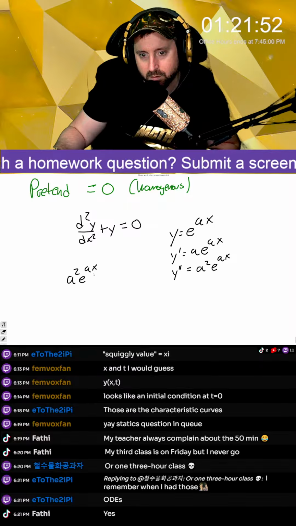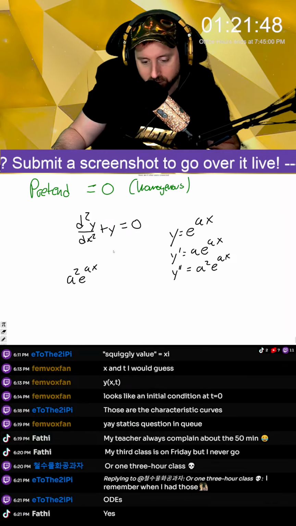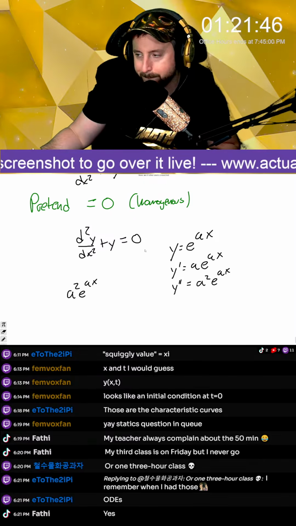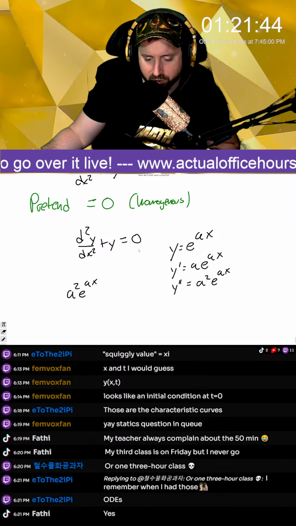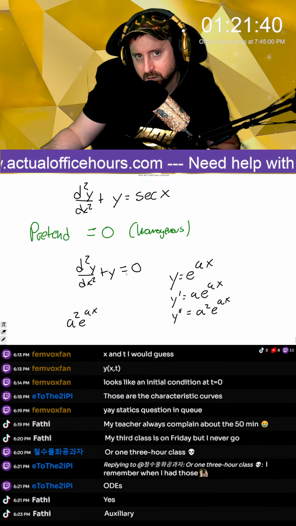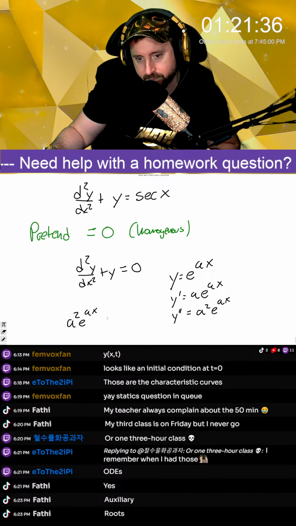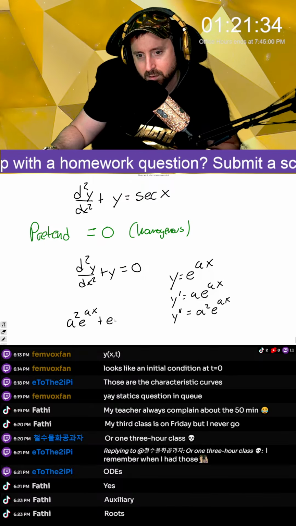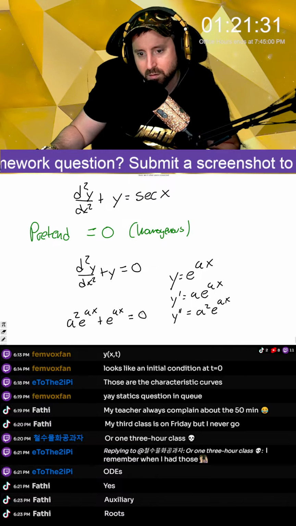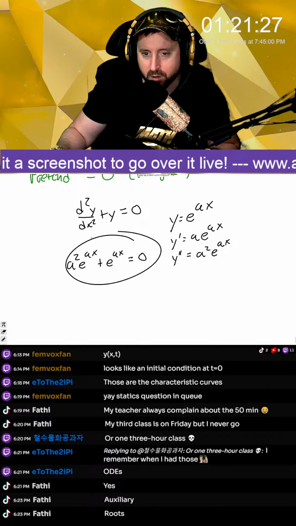There's two solutions to it. You would want to use your characteristic equation. So you would treat it basically as a polynomial, so your lambda squared plus 1 is equal to 0. I think you see that from here, right?